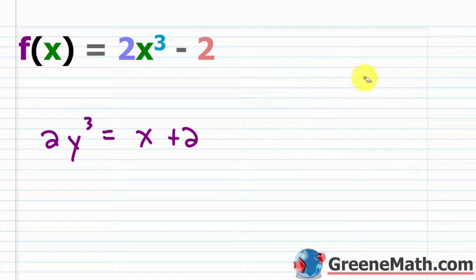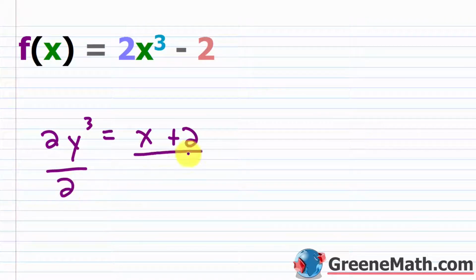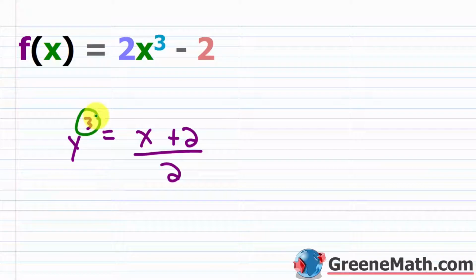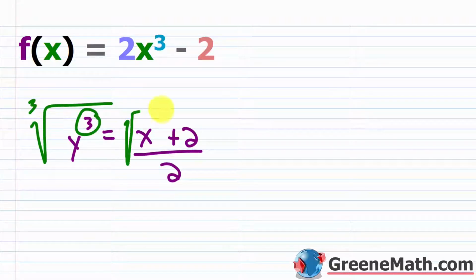And then from here, how can we solve for y? Well, we have 2 steps we have to do. We first are going to divide both sides by 2. And that's just going to clear this out, so I can just erase it. And then the last thing is, this is raised to the 3rd power. I can undo this by taking both sides to the 1/3 power, or we could say we take the cube root of each side. Either way you want to show that.